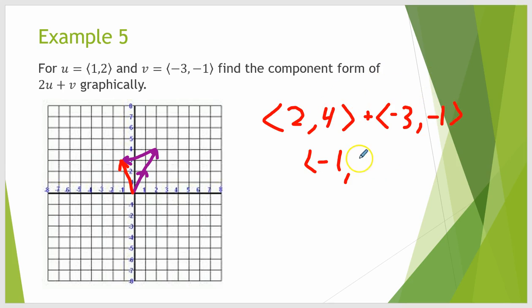So 4 and -1 gives you 3. And then the answer you get from this should match what your final vector is doing. This one says to go left 1 and up 3 from the origin, and sure enough, that's what I did here. So it's nice that you can check your answer pretty quickly algebraically, even when you are asked to do the problem graphically.